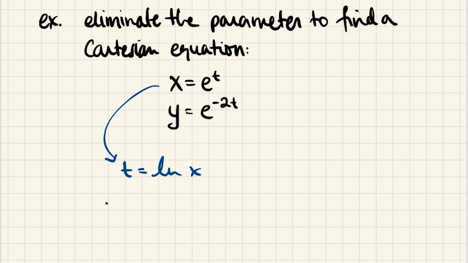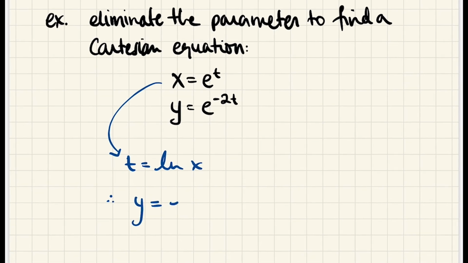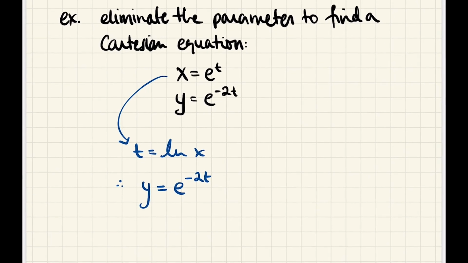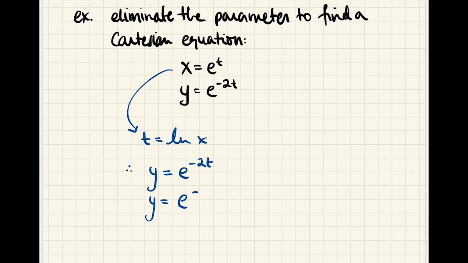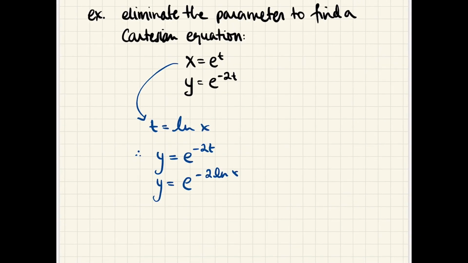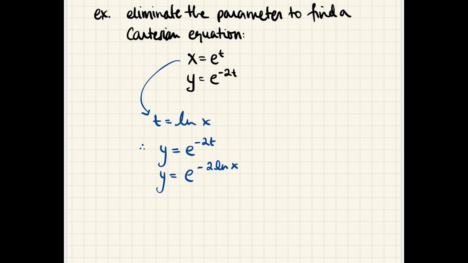And then therefore, y is equal to e to the negative 2t, which means that y is equal to e to the negative 2 ln of x. And you can see that that means that y is equal to e to the ln of x to the negative 2. And now the e and the ln cancel. So you just get y equals x to the negative 2, or 1 over x squared, which is rather nice. So there we are.